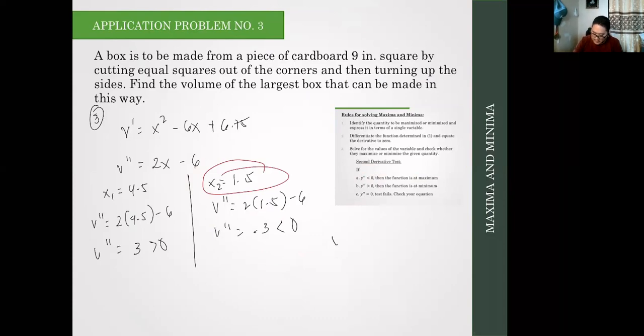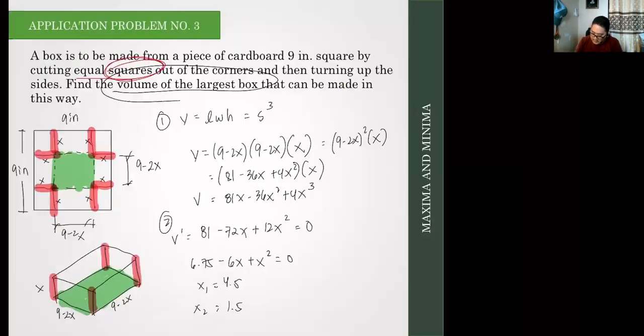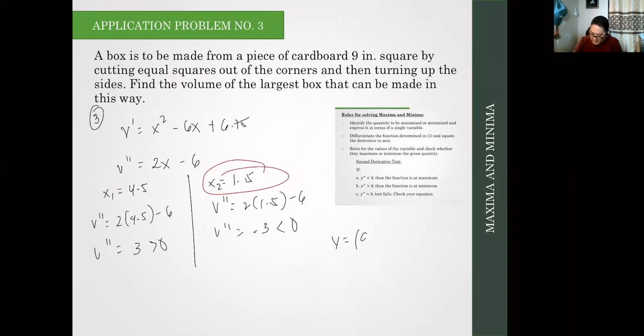Okay? Volume is equals to yung equation natin. So, 9 minus 2x squared times x. Substitute natin. 9 minus 2 times 1.5 squared times 1.5. Yung volume natin will be equals to 9 minus 2 times 1.5 squared times 1.5.